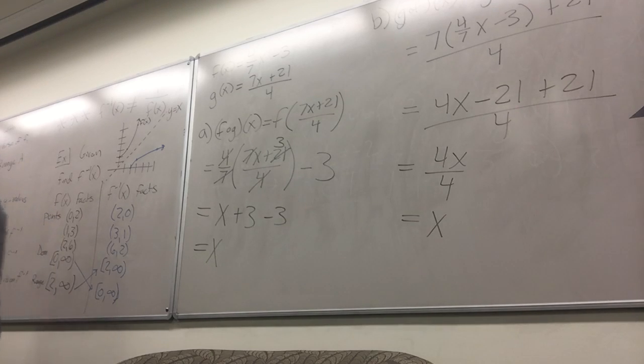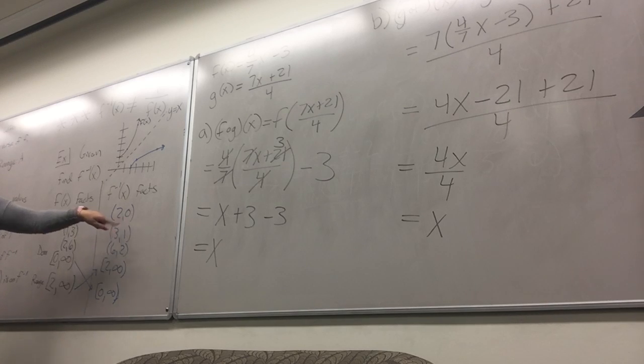I want us to go back to this now and think about something. If we think about plugging a number into f, if we plug 0 into f, what do we get? 0 into f gives us 2. 2 into f inverse gives us 0.